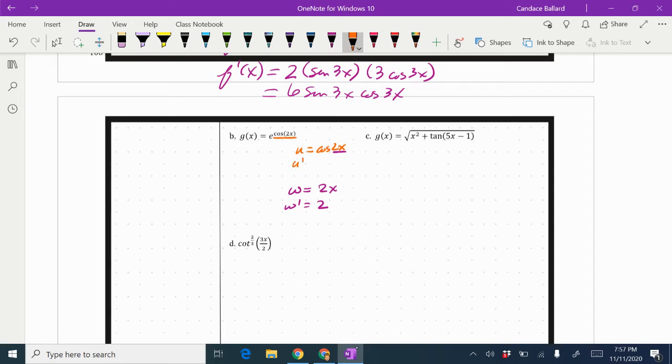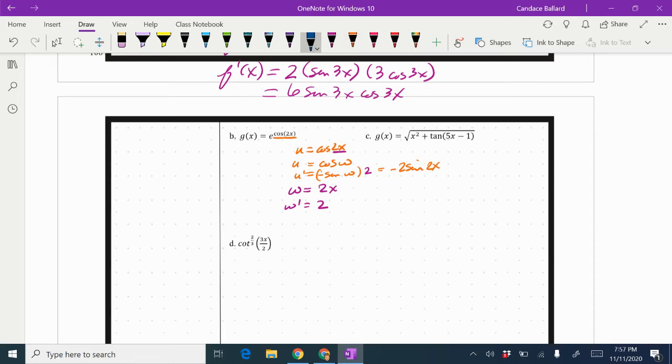To get u prime, I'm going to rewrite it first: u equals cosine of w. U prime equals the derivative of the outside function, which is negative sine w, times the derivative of the inside, which was 2. Then we replace the w, so it would really be negative 2 sine of 2x.